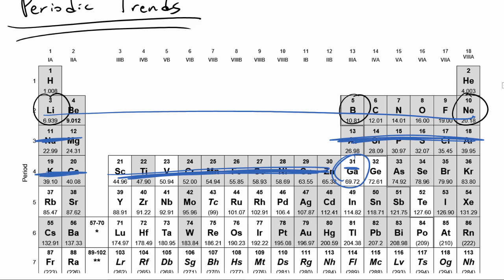As a result, their radius is still going to increase, just like the layers of an onion. These are electrons in the second level, these are in the third, these are in the fourth, and so on. So they will still increase in size as we go down within a group. But they are still shielding electrons, which means that gallium is probably going to be smaller than either the potassium or the calcium sitting out here.